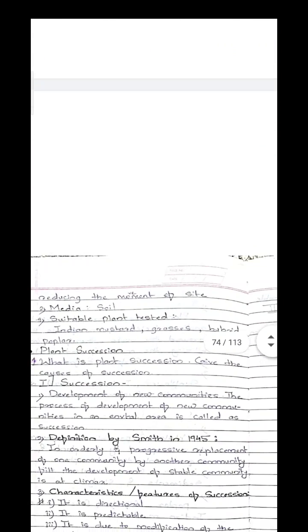Then next is the phytostabilization. In phytostabilization, there is the stabilization of the metal contaminated soil by the plants, the roots reducing the movement of the contaminants at the site. The medium is the soil, and suitable plants for this are the Indian mustard, grasses, and hybrid poplar.